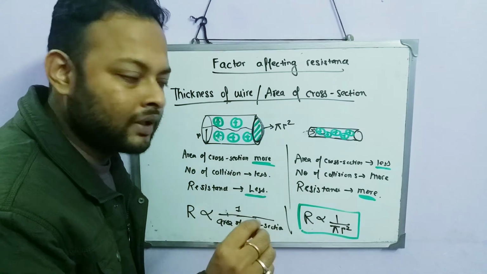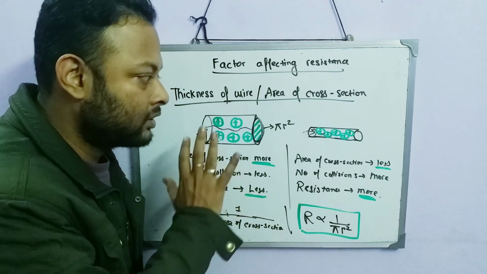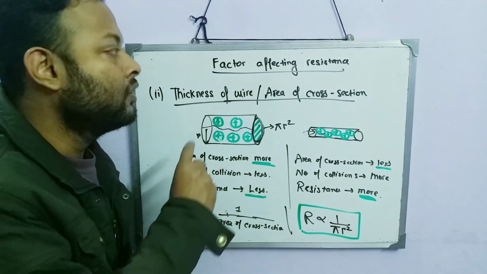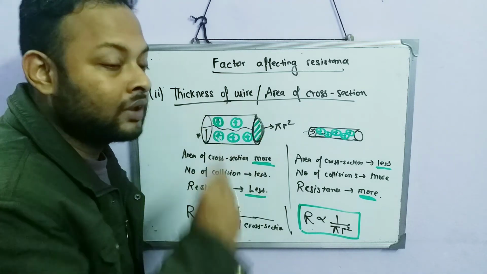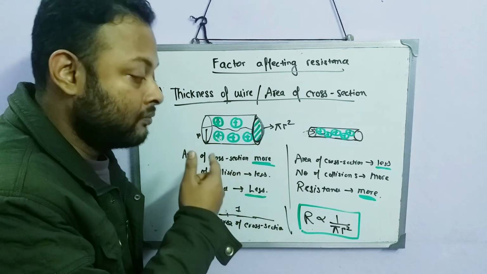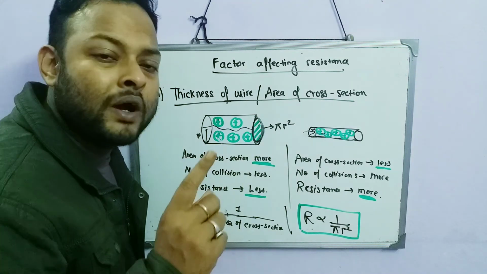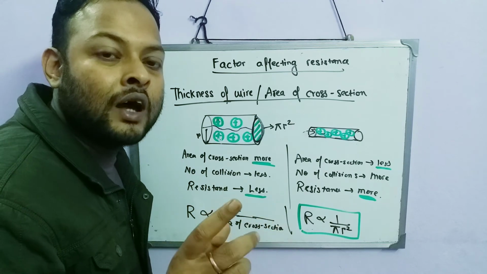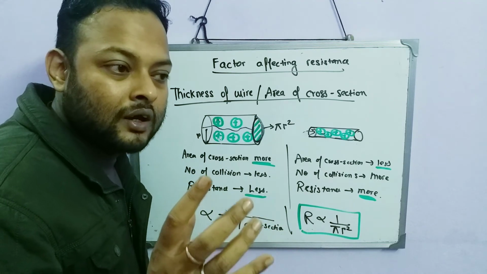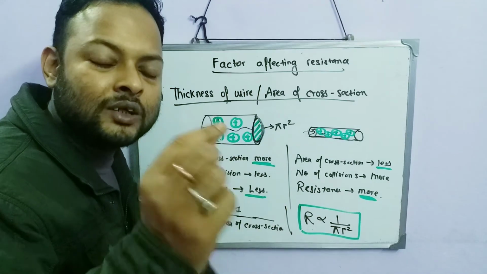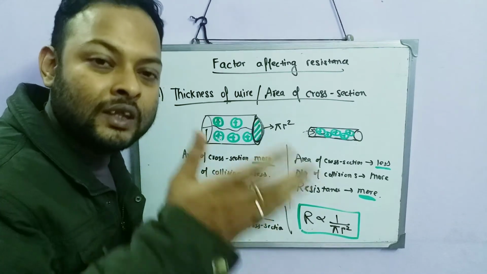So I will do the numericals after this video, but try to understand the concept of how resistance depends on the area of cross section. If it is a thicker wire, there is less resistance. You must have seen, when you are traveling by train, the high tension wires which go across the field.